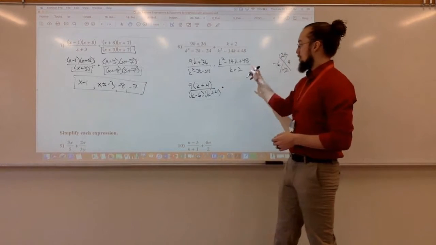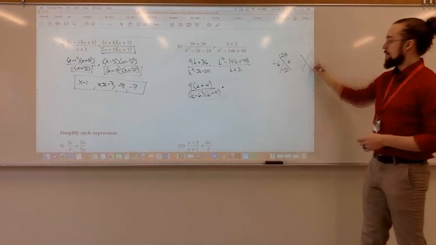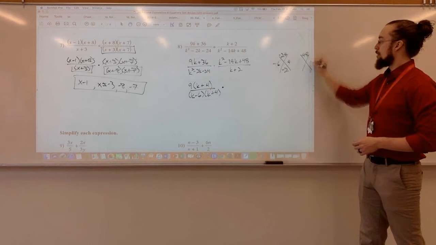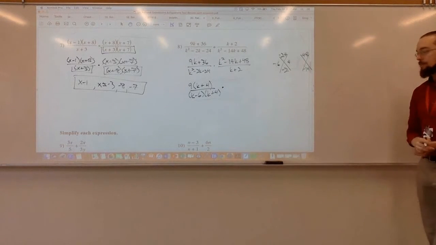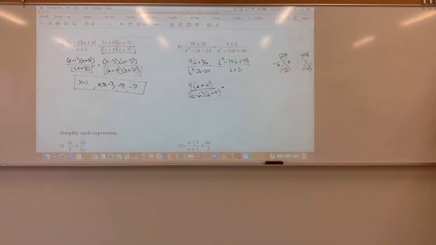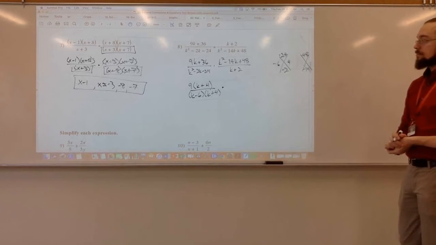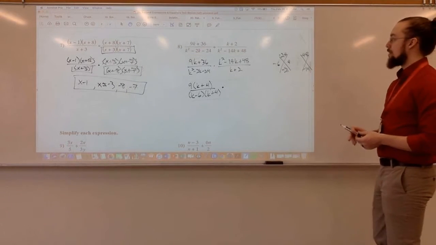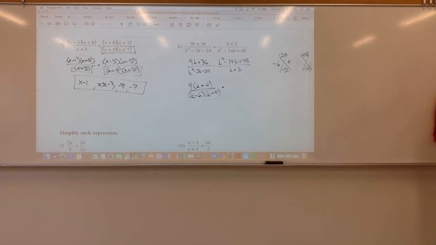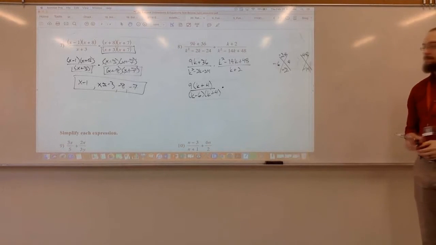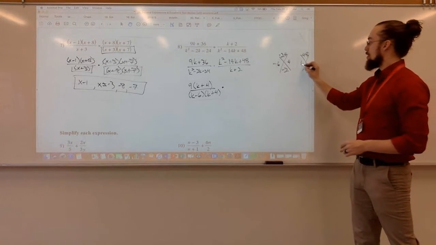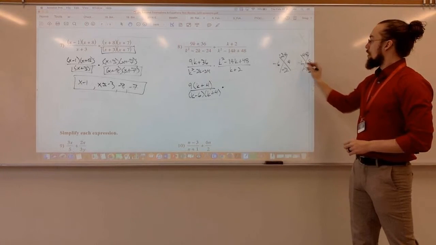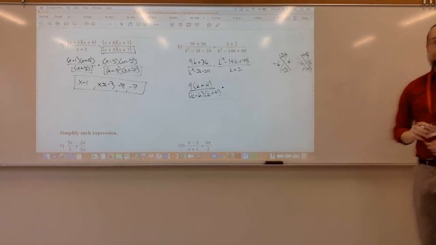So then, let's factor the numerator over here. I want two numbers that multiply to positive 48 and add to negative 14. 6 and 8, and they will both be negative in this case, right?